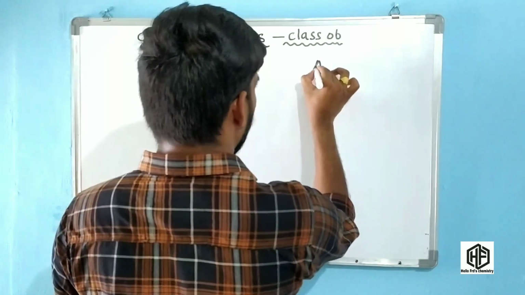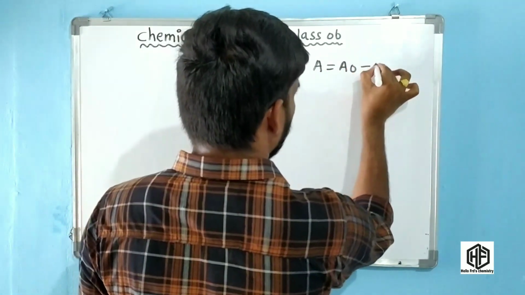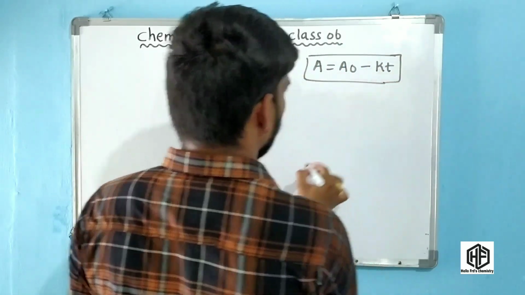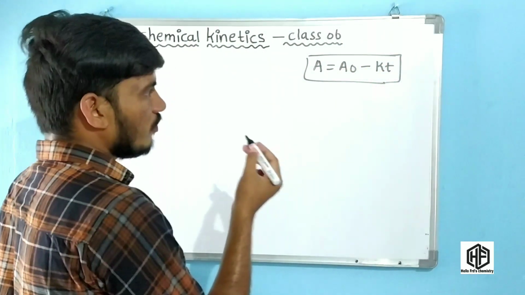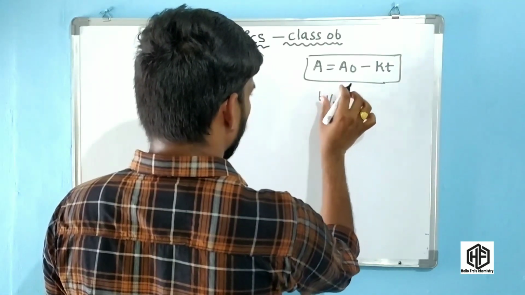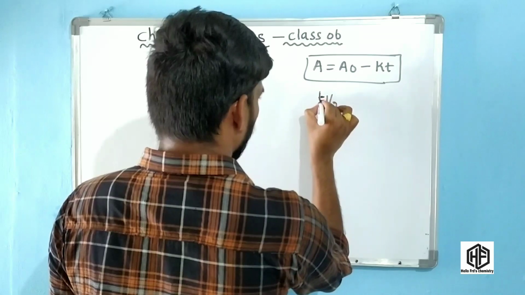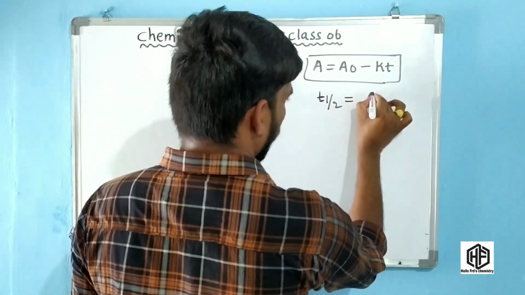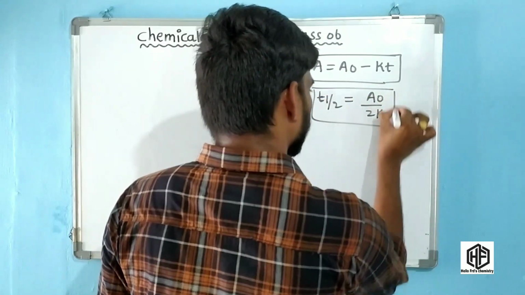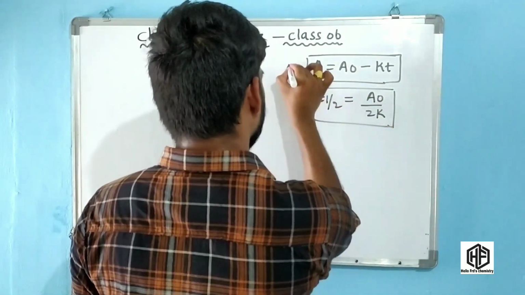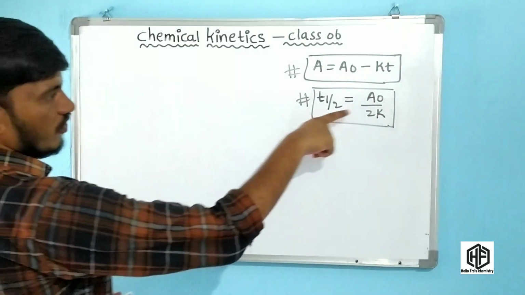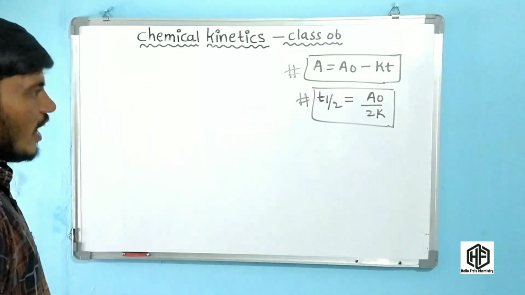A is equal to A naught minus kt is the integrated rate law of zero order reaction, and the half-life of zero order reaction t half is equal to A naught by 2k. These are very important.